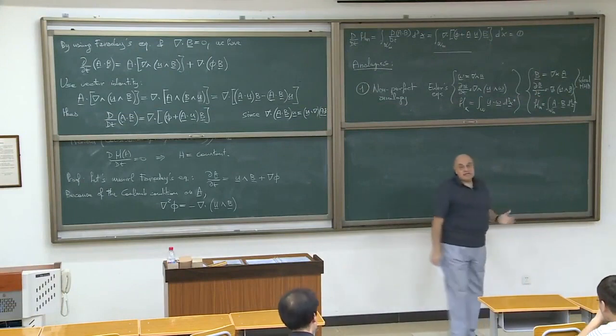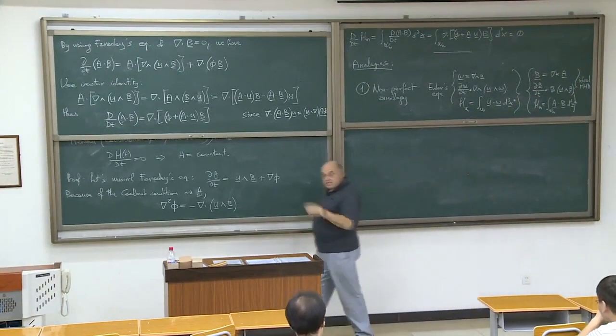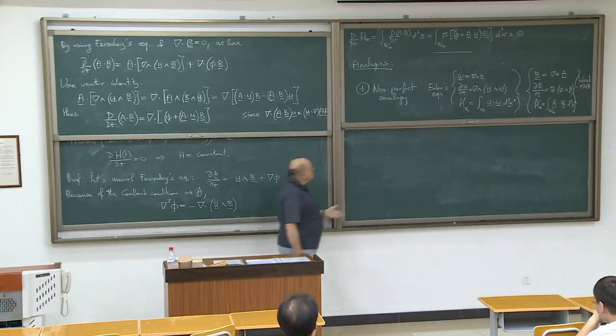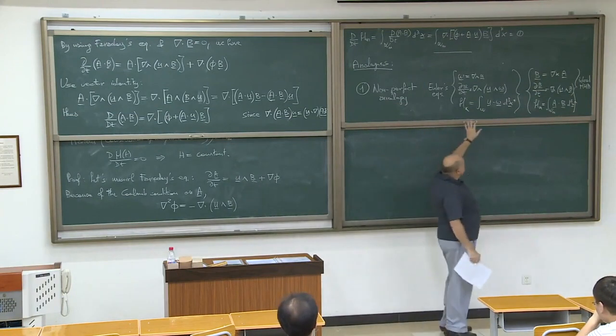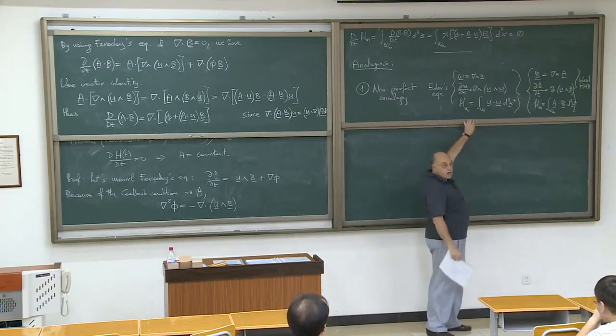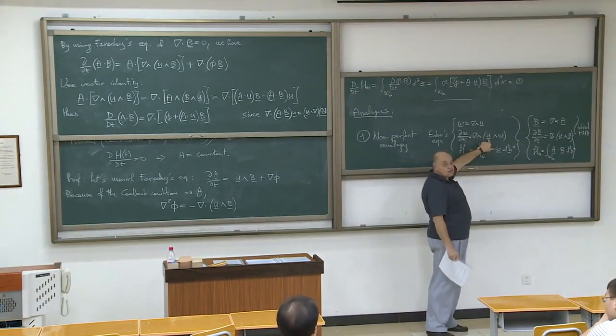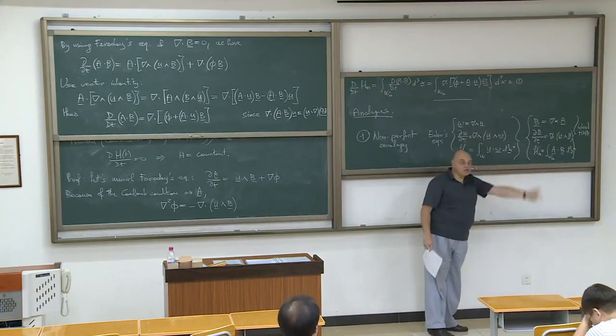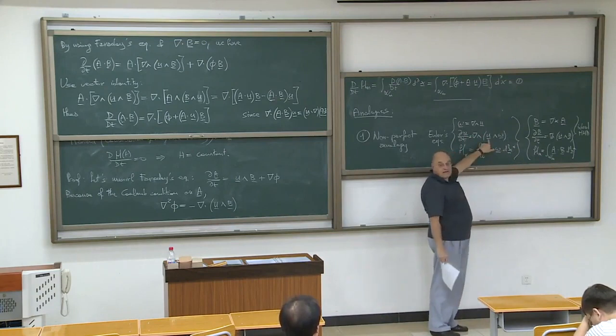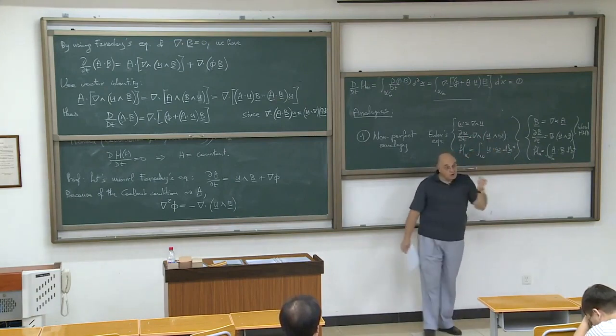The problem is what I anticipated yesterday. The problem is that this is rather formal. Why? Because omega responds somehow to U as well. Omega is transported. It induces a velocity field through the Biot-Savart law.